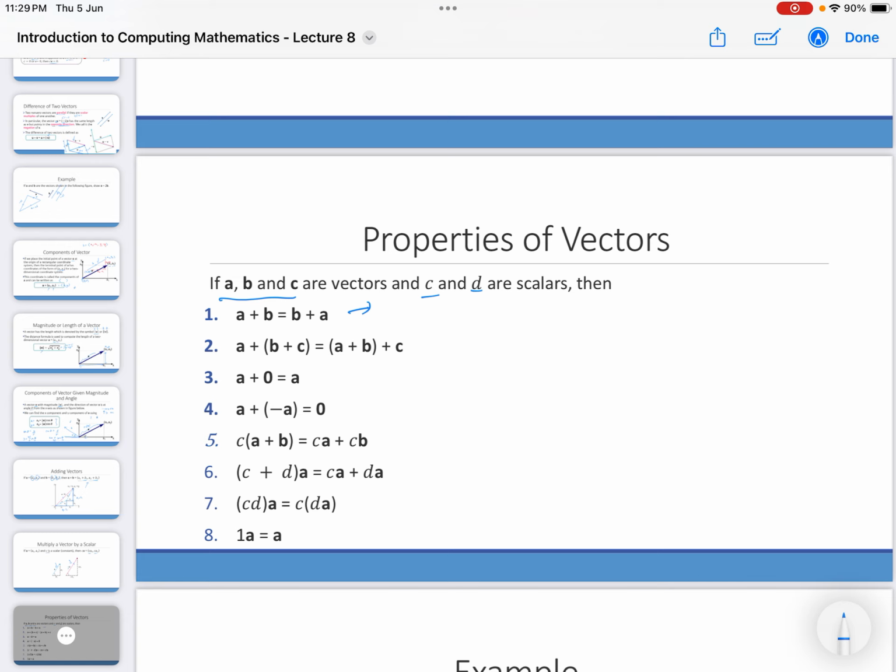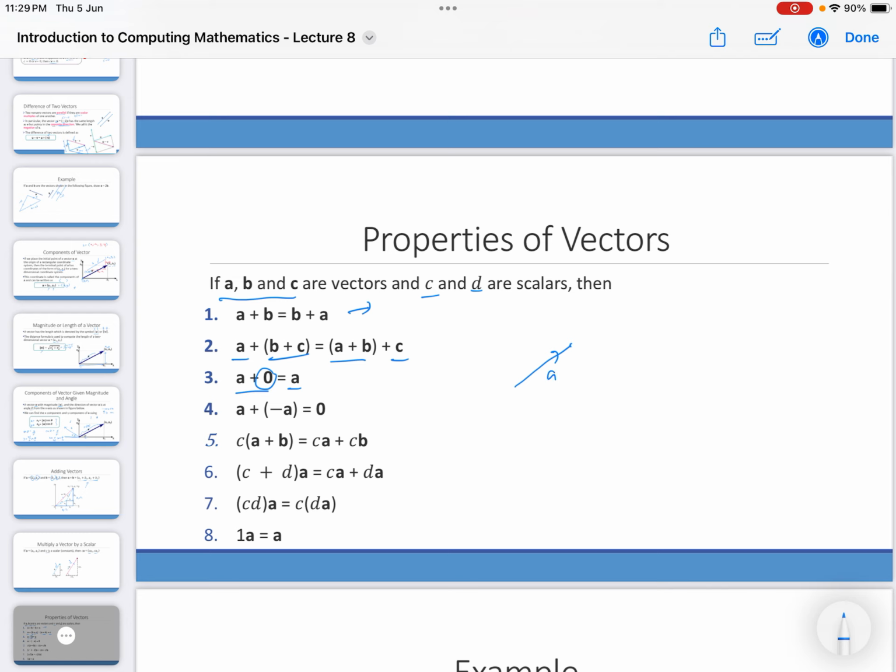The next one is, if we add B plus C first, and then add A, this equals adding A plus B first, and then adding C. The third one is vector A plus the zero vector equals A, because the zero vector has no magnitude and no direction, so it's just equal to A. So this is A, and adding the zero vector here is just A.